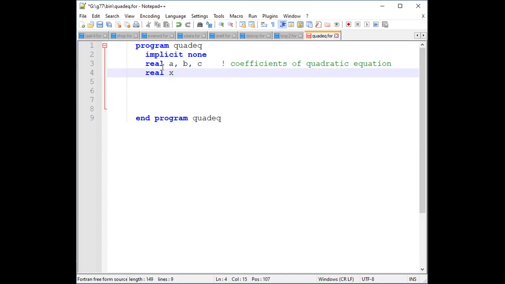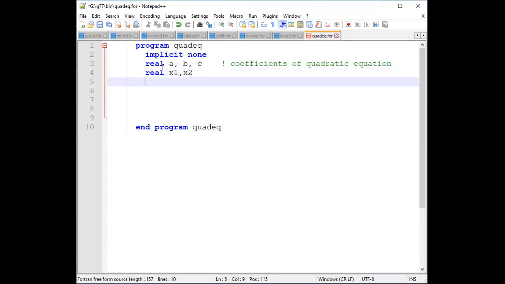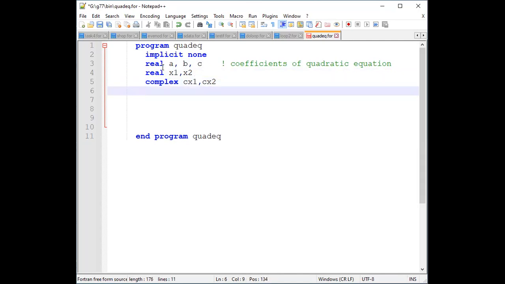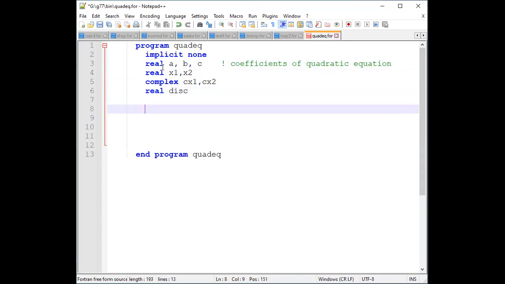We may have real solutions, X1 and X2. We may encounter complex solutions, so I would say CX1, CX2, right? And during the execution of the program, we have to compute a discriminant, right? So very much like the algorithm.